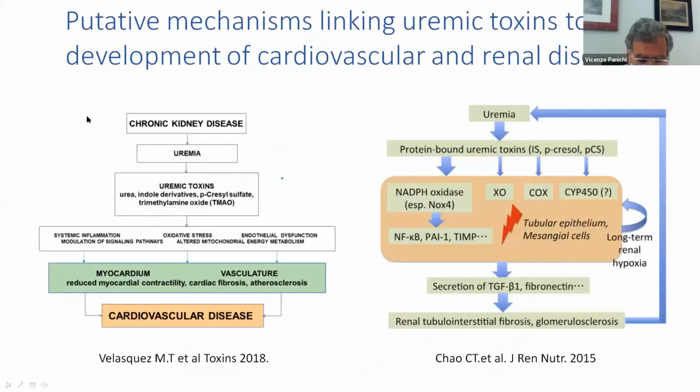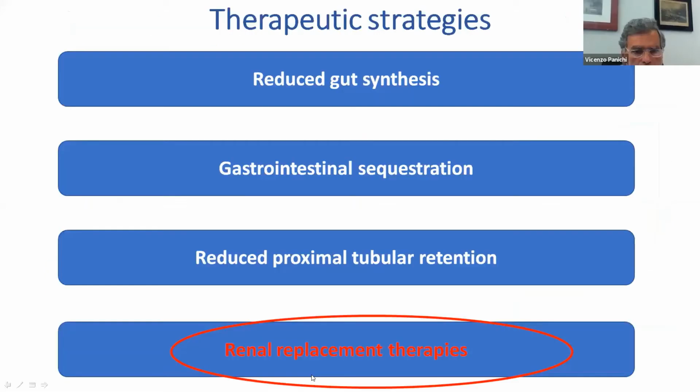What are the therapeutic strategies that we can use to reduce uremic toxins? Reduce gut synthesis, gastrointestinal sequestration, reduce proximal tubular retention, but in the few minutes that remain, I am going to convince you that renal replacement therapies are going to do something good in this type of patient.